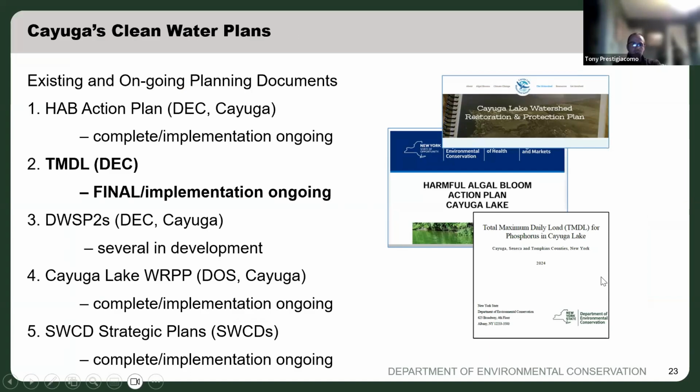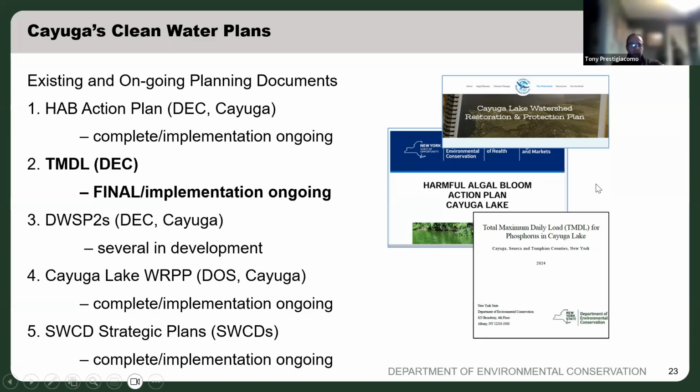And so Cayuga's list of clean water plans. It has a lot of clean water plans. It has an action plan, the TMDL now, several drinking water source protection plans in development. Someone will let me know if any of them are finished. I don't recall. The watershed restoration and protection plan, and then of course all of the county soil and water conservation districts have their strategic and AEM plans that they're actively working to implement.